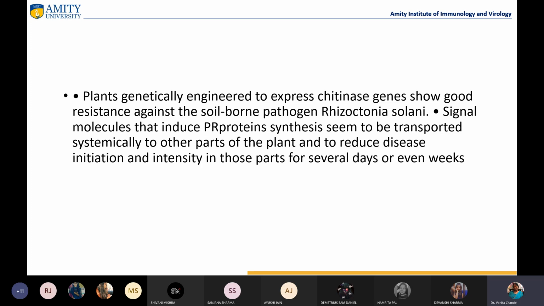So this whole module was basically about the host responses to pathogens, and pathogen responses when it affects the host, right? When a pathogen is affecting a host plant, the pathogen will try to multiply as much as it can.